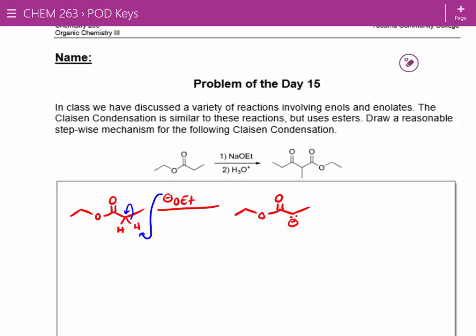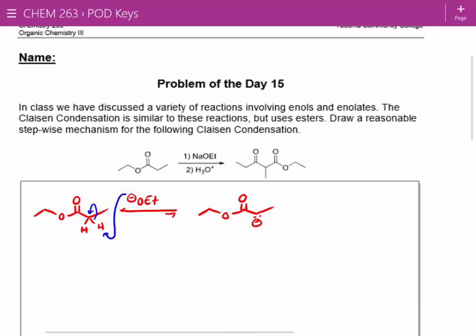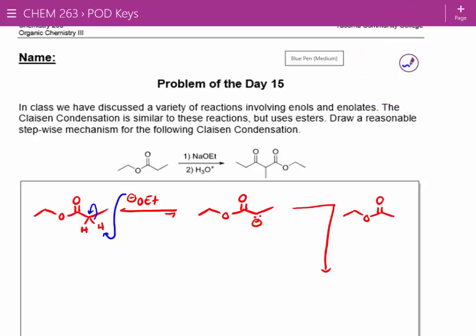And let me actually change this slightly, and I'll make the equilibrium arrows a little bit more correct. So the equilibrium doesn't really favor the enolate that much, but just enough to make a good nucleophile. And then in the next step, we can have this add into the remaining ester that's around in solution. So we can get nucleophilic attack.